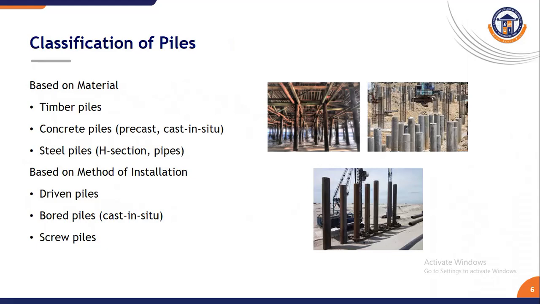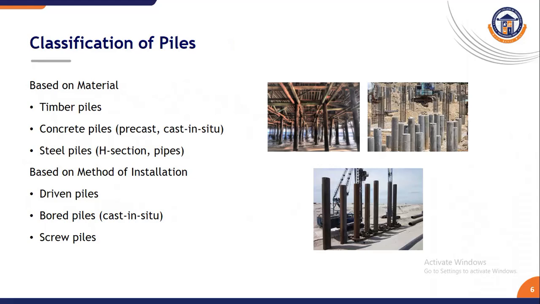Concrete piles are stronger and more durable, making them ideal for permanent and heavy structures in marine or aggressive soils. And steel piles, though costlier, can be driven in long lengths and are widely used in offshore projects such as oil platforms.